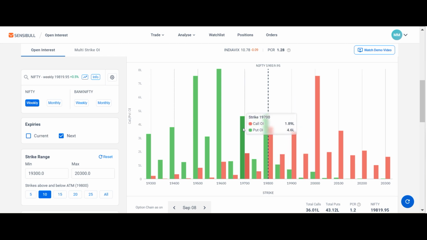The next supports we have are 19,700 and 19,600, so we get to know what kind of supports are built up. On the call side, 19,800 also has a fair amount of call writers sitting at this particular strike. Then we have small resistances up around 20,000, which is 19,900. So these are standard setups.